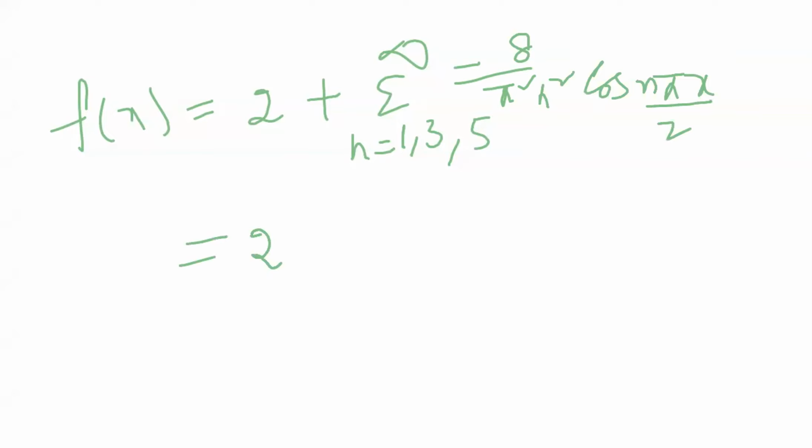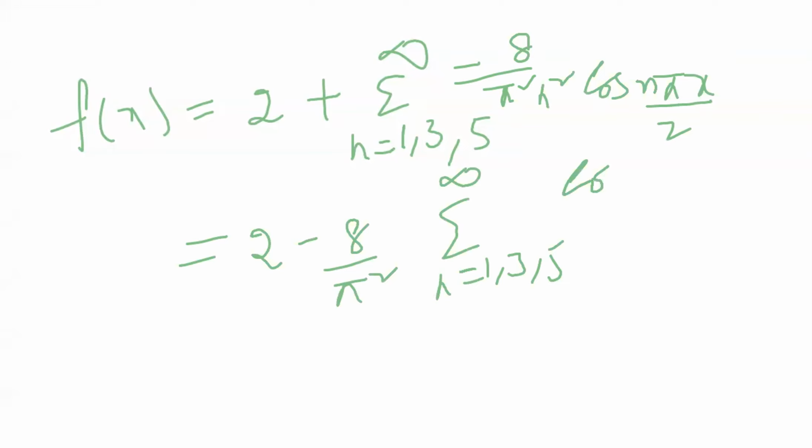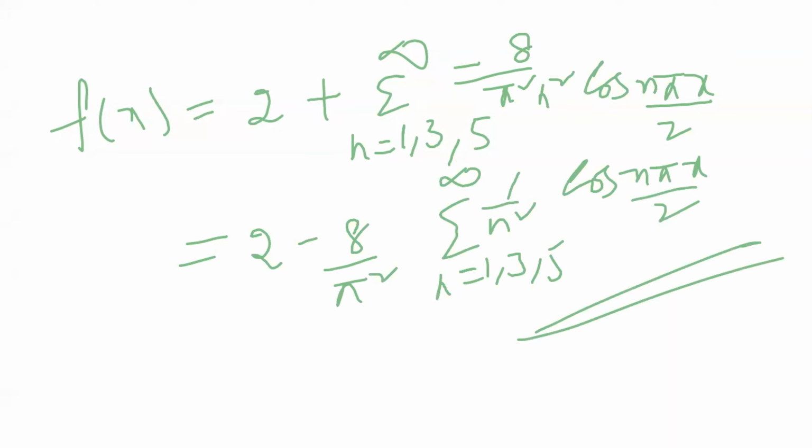So that equal to 2 minus 8 by pi square is constant of sigma, sigma n equal to 1, 3, 5 to infinity, 1 by n square into cos n pi x by 2. This is the expansion of f of x equal to x.